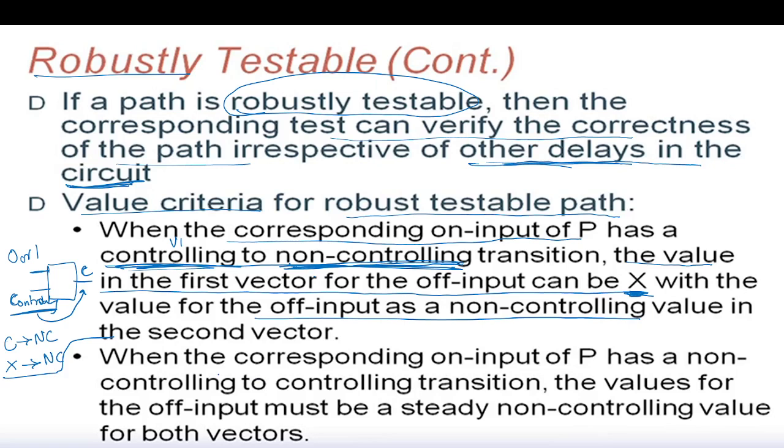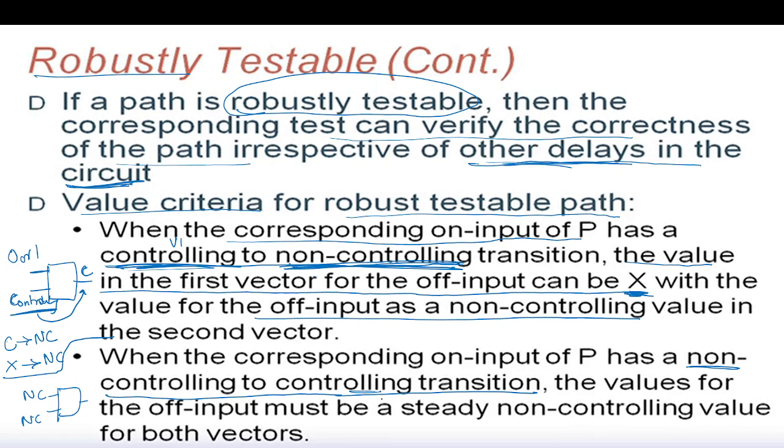Next, if we have a transition from non-controlling to controlling, that means V1 is a non-controlling value. To propagate this non-controlling value, the other input should also be non-controlling. And the next vector is a controlling value.